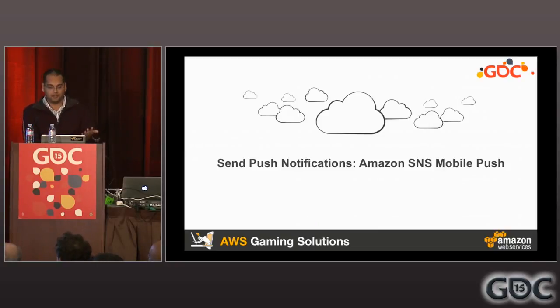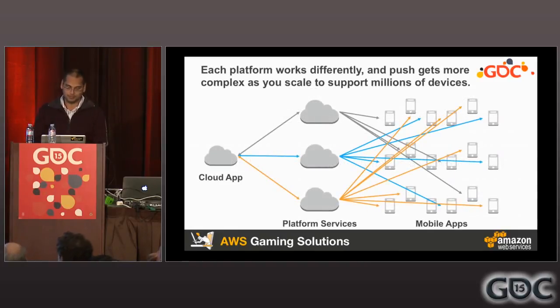So now that you have mobile analytics, what do you do about sending push notifications? In my past life, when I worked at Electronic Arts, I actually wrote the push notification platform that supported the different games. And I think by the time I was done, I had worked on iOS and Android support, which felt like quite a feat. But it is a lot of heavy lifting because you have to worry about managing push tokens.